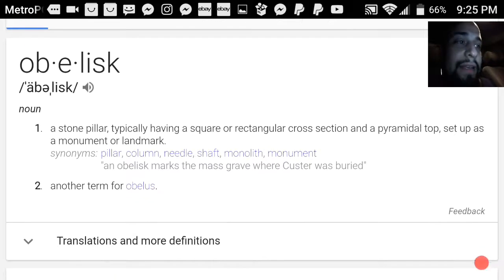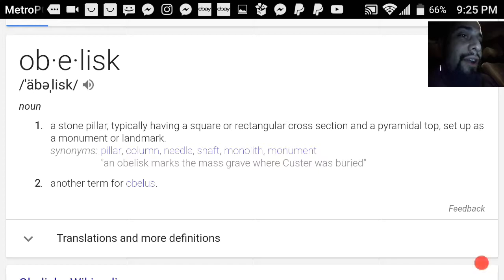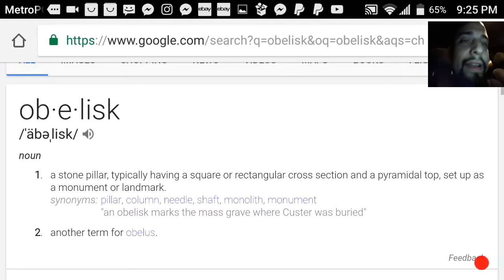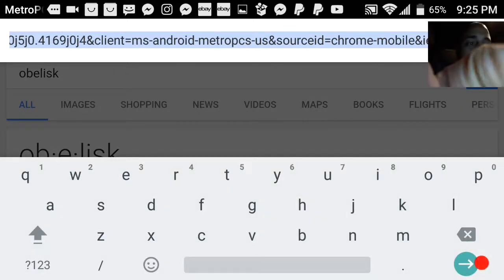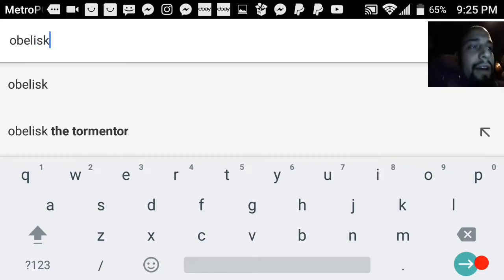An obelisk marks the mass grave where Custer was buried. Alright. So this obelisk marks the land of the dead because the obelisk is used to mark the deceased. So this is what marks you as the land of the dead.